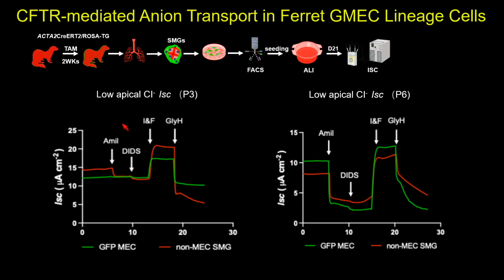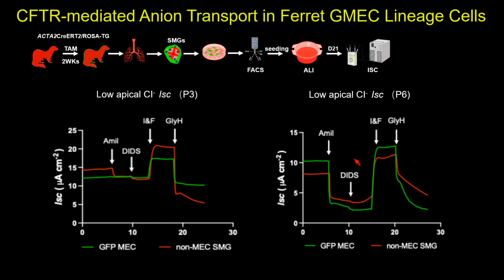Here, we observed that in the early passage, MEC lineage cells have an Isc increase after IBMX and forskolin stimulation, and the inhibitor GlyH-101 almost abolishes the IBMX and forskolin-induced current. This confirms a CFTR-dependent response, but it is lower compared to the non-MEC fraction.